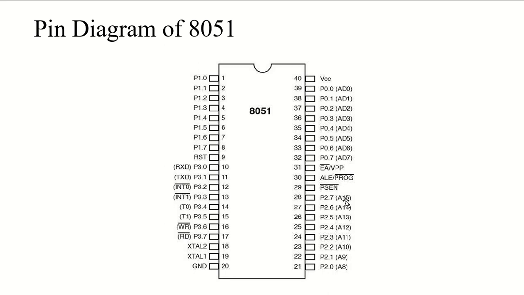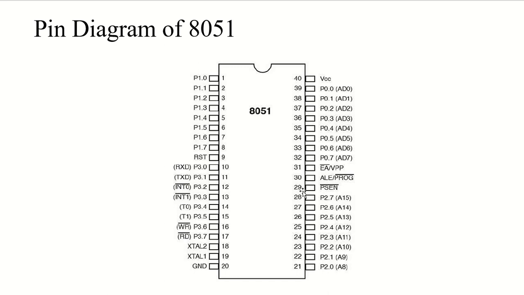These pins are collectively known as port 2, and it serves as an input output port. The bus signals of the higher order address are also multiplexed using port 2, which starts from pin number 21 to pin number 28. So there are a total of 8 pins in port 2 as well.